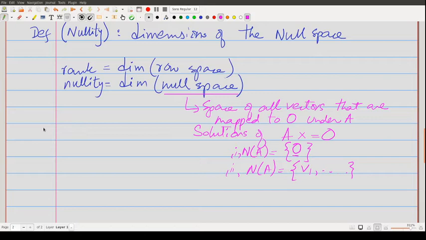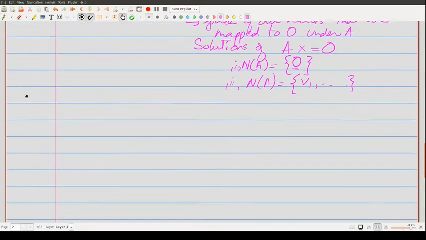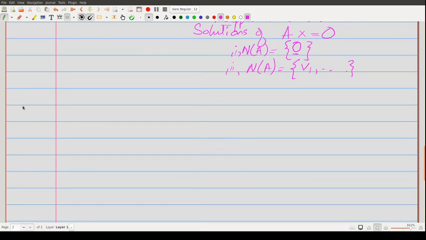Okay, before we do some theorems, I would like to go through a bit of an explanation of how we find the dimension of the row space and how we find the dimension of the column space. So let's take an example.